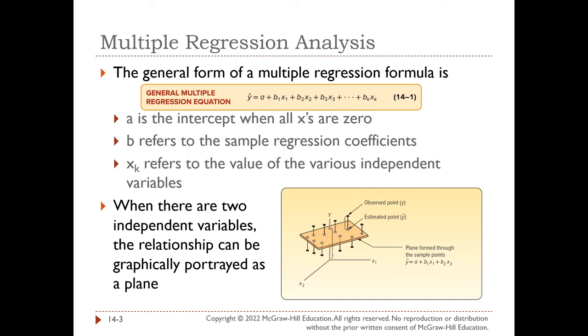Alright. So when there are two independent variables, the relationship can be graphically portrayed as a plane. So basically putting in the z scale, almost a 3D plane going on. But yes, it's a fun little plane where observed points y and estimated points y hat all show a little bit of fun.